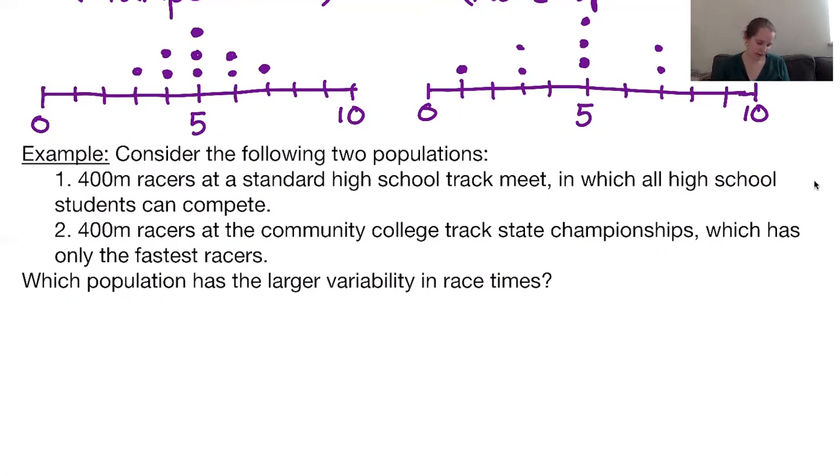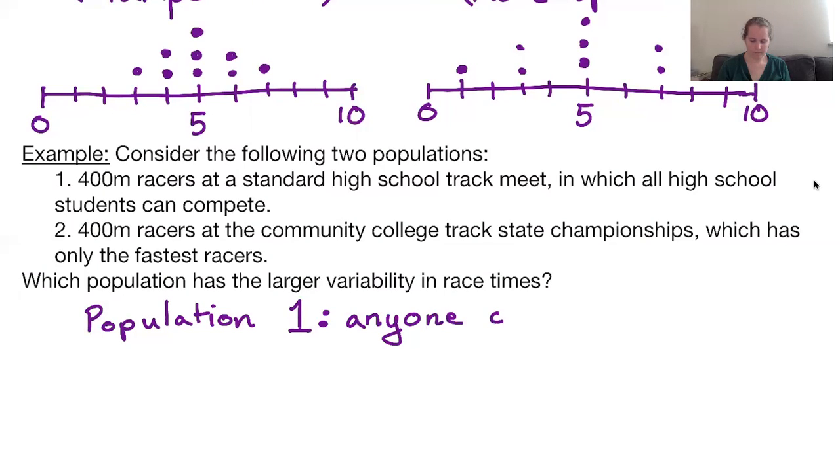So for population 1, anyone can compete. So we will have some slow runners, some fast runners.